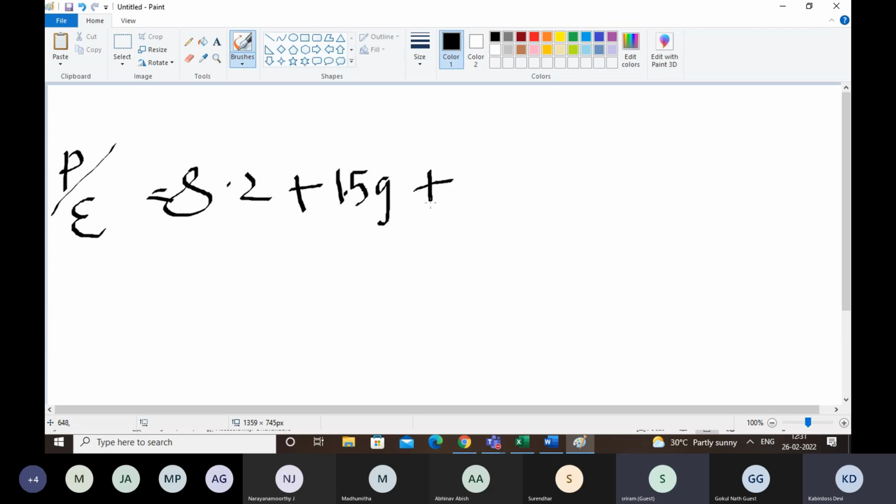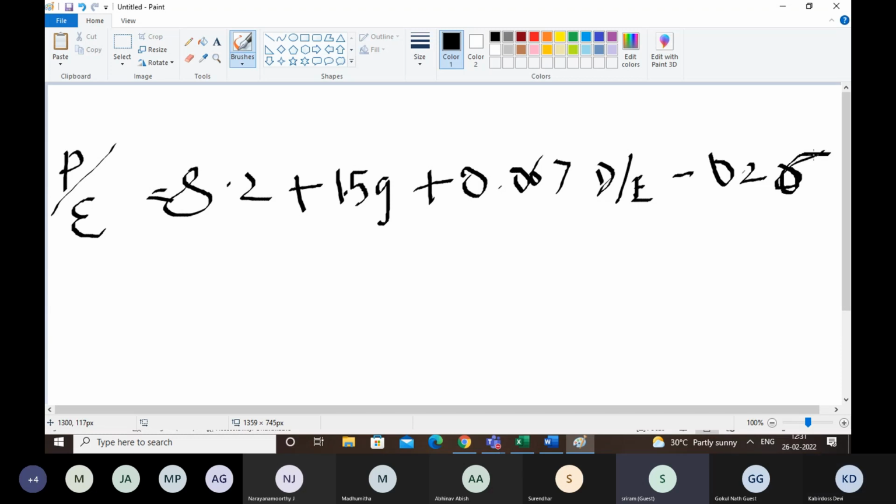Plus 0.067 into the dividend payout, whatever dividend payout they have given, minus the risk 0.2 into sigma, whatever the standard deviation. Sigma is the standard deviation. This is the formula.